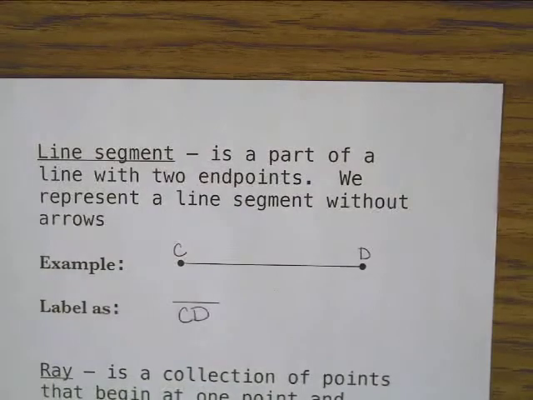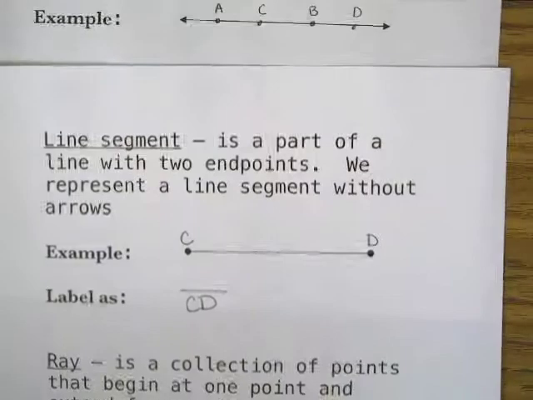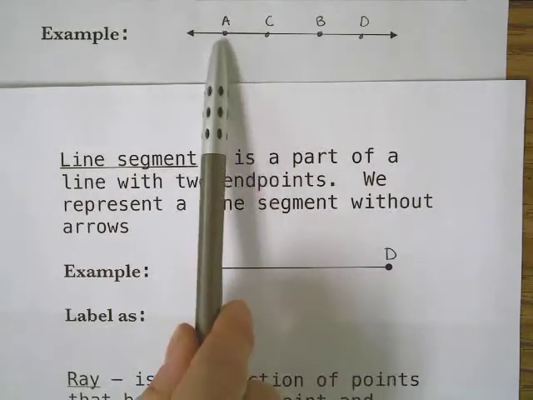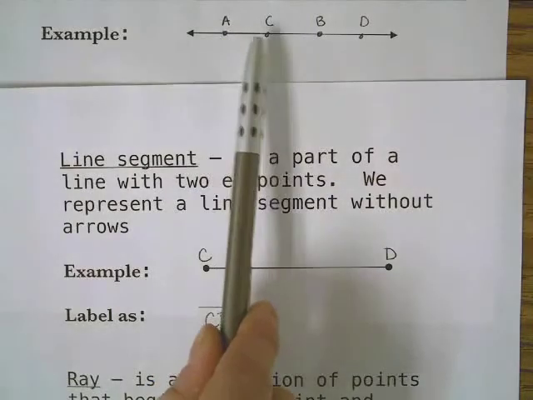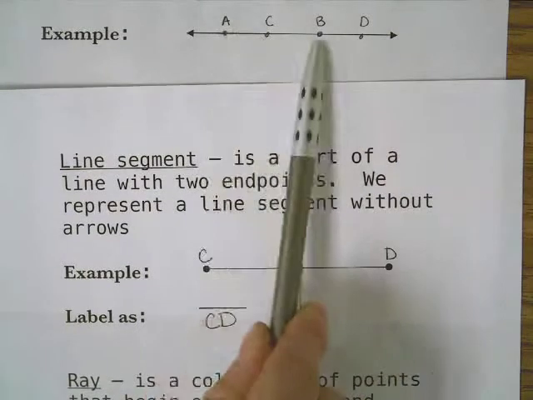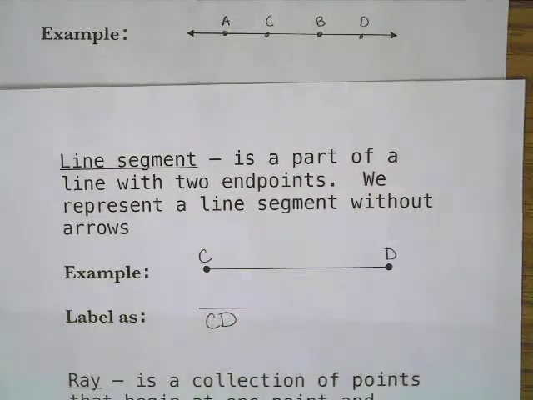We can also take our previous example with the line and label line segments, because we can label line segment AC, line segment CB, line segment BD, line segment AB, line segment AD, line segment CD, however we want to label that.